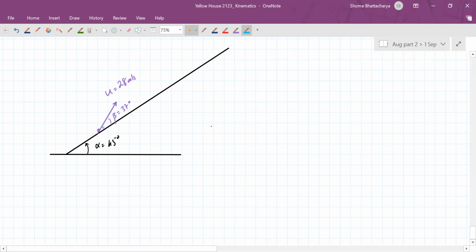As discussed, the first thing is we'll take the x-axis, in this case, up the inclined plane because it's going to move in that direction. We'll take the y-axis normal to the inclined plane like this. So my initial velocity vector will get resolved like this: u cos beta i cap plus u sin beta j cap.